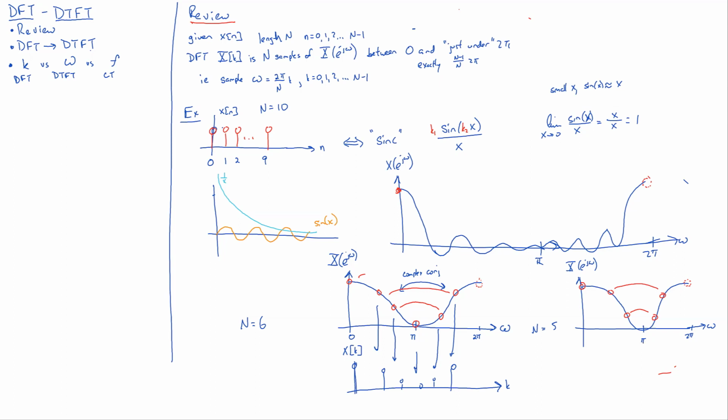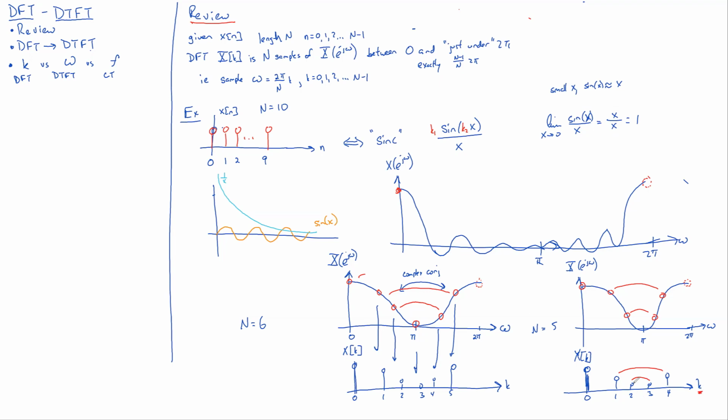So over here, when n is even, we do sample right at pi. We have a particular sample in the DFT and our x of k here. So this is 0, 1, 2, 3, 4, 5. This is 0, 1, 2, 3, 4, since it's an n equals 5 length. So in this, for n odd, we never quite sample it at the highest frequency. There is no index k which corresponds to its highest frequency.